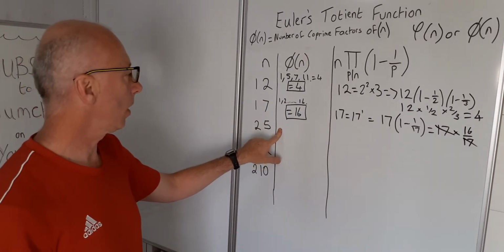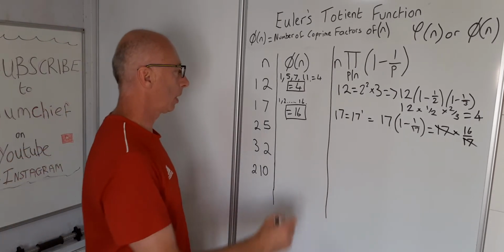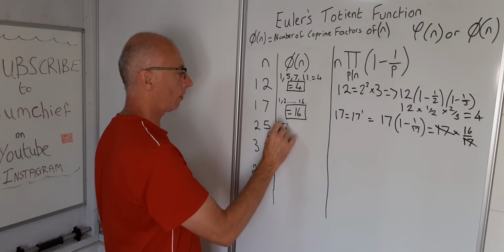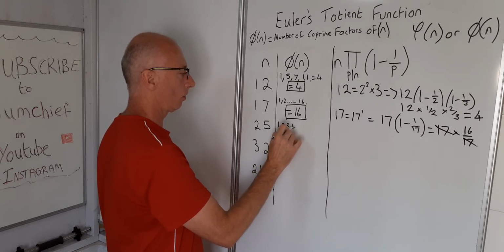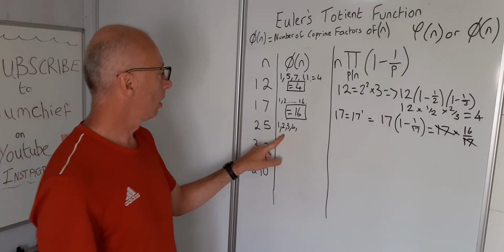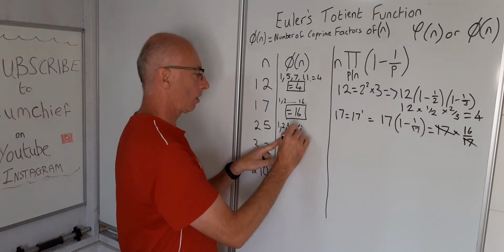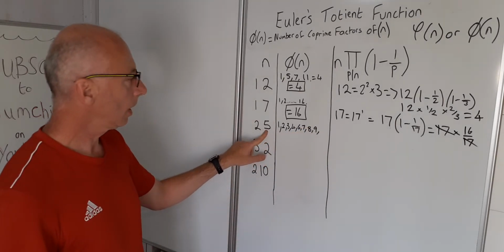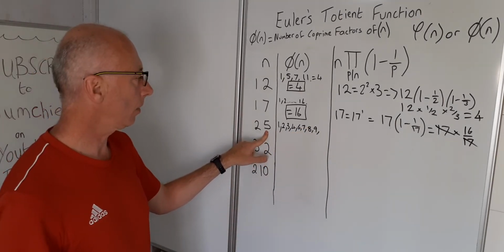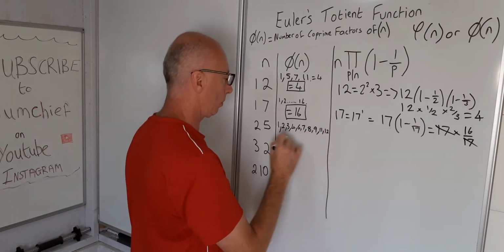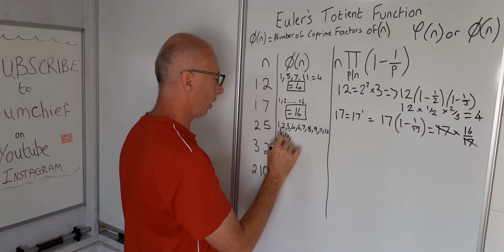Okay, 25. Now this is going to be a big one, so let's go for 1. 2 doesn't go into 25, neither does 3, neither does 4. 5 does, so we'll leave that out. So we now go with 6, 7, 8, 9. 10 has a factor of 5, so that won't go in there. So now we go 11, 12, 13, 14.